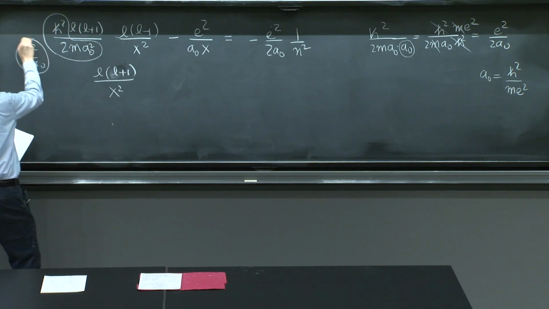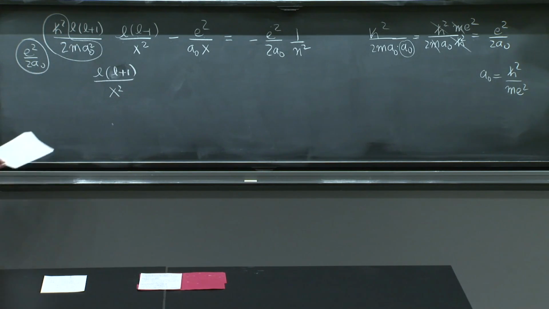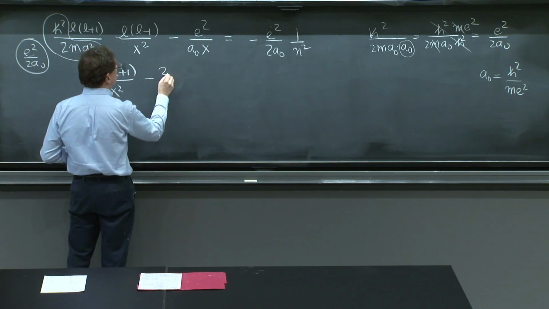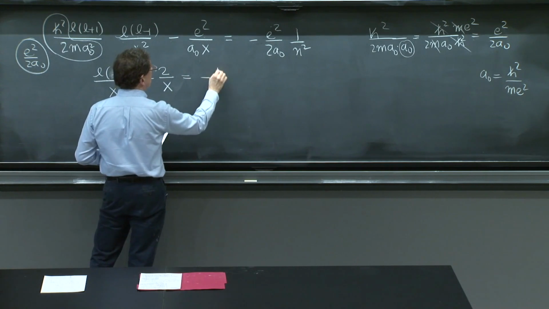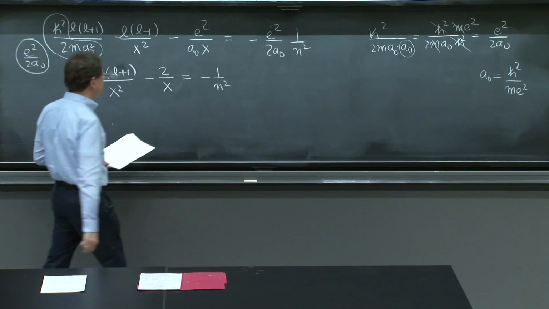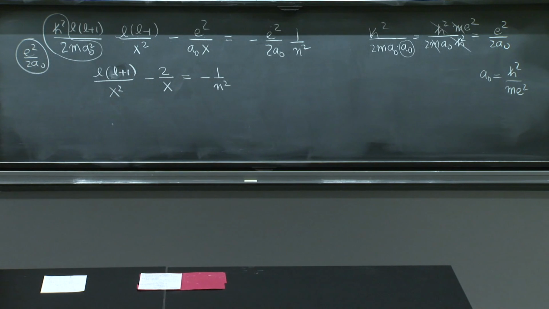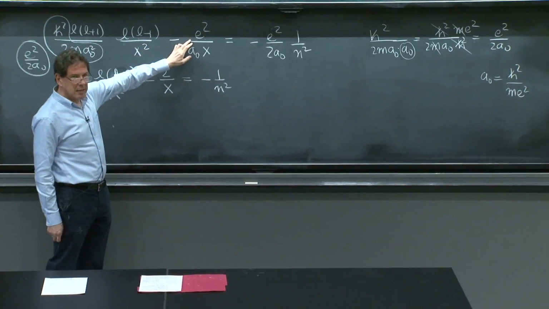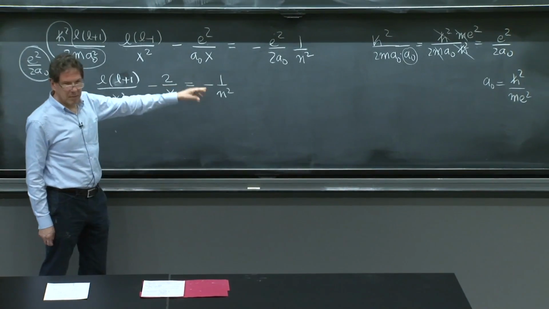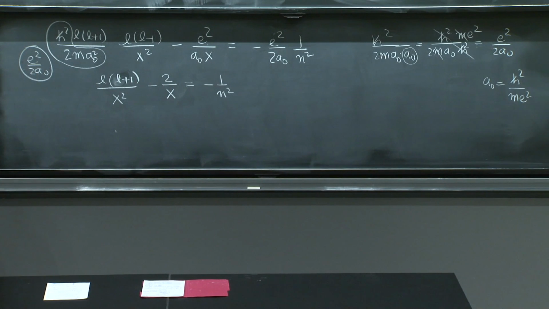I've canceled all this factor. Minus 2 over x is equal to minus 1 over n squared. So I multiplied by the inverse of this quantity. It clears up the factor in the first term. It produces an extra factor of 2 in the second term, and you've got a nice, simple quadratic equation.